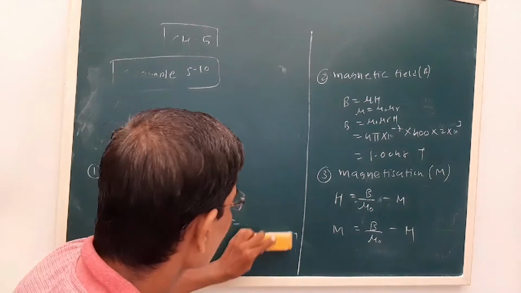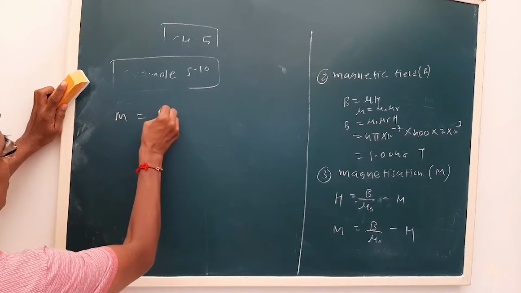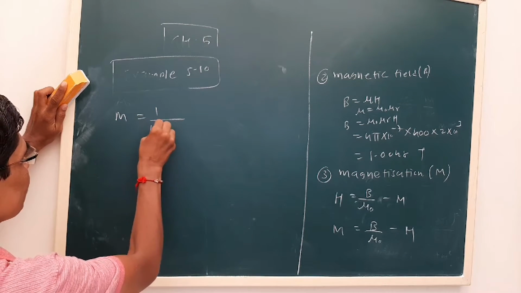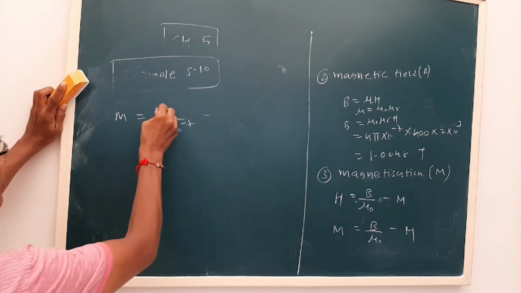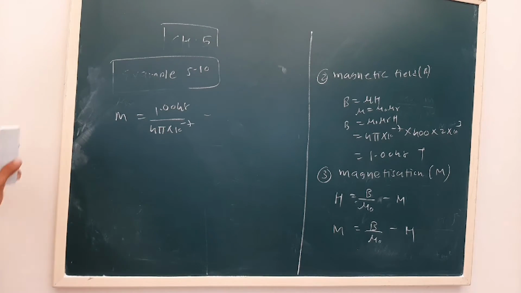Now B is 1 Tesla, mu 0 is 4 pi, and this we can write as 1.0048, and the H value we have obtained.